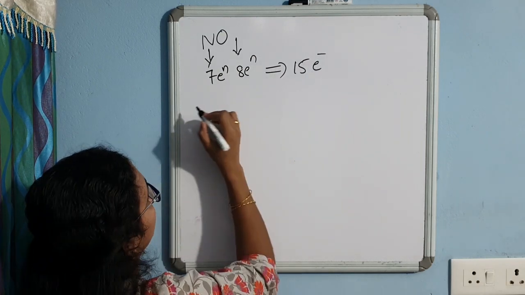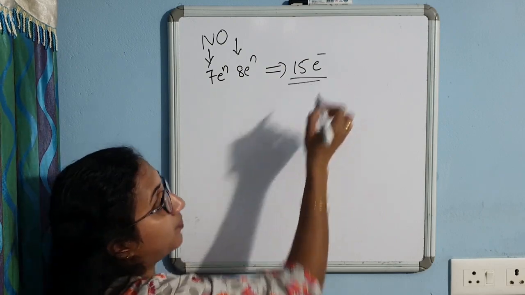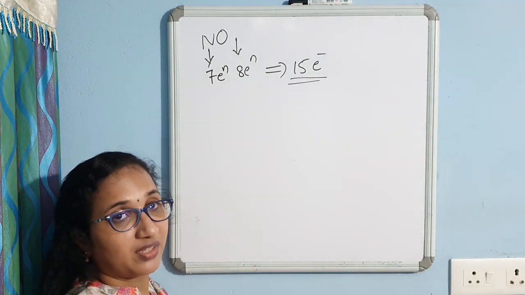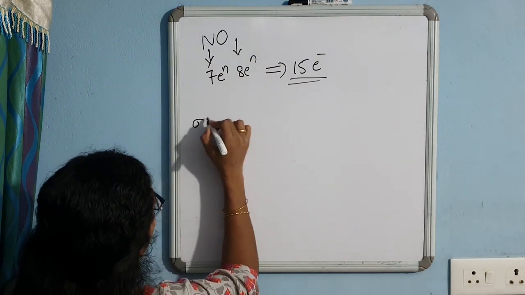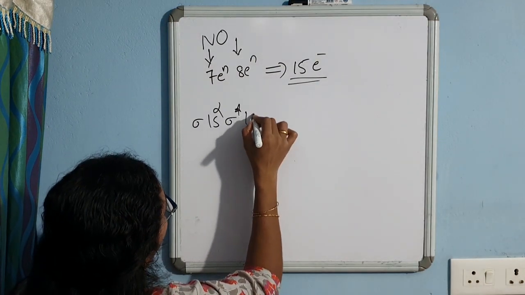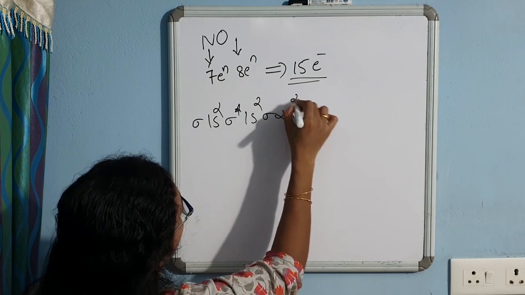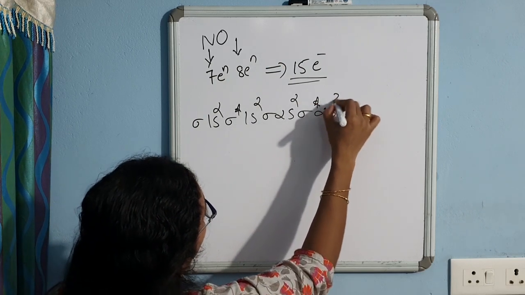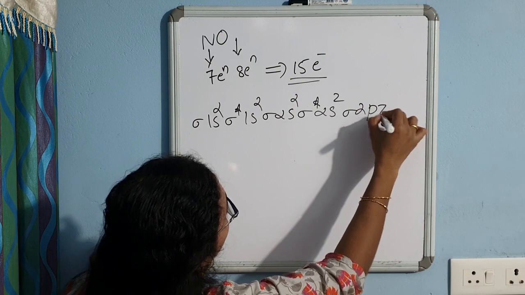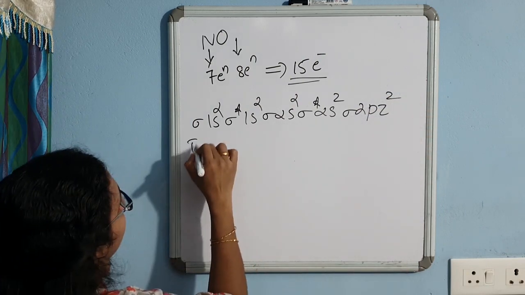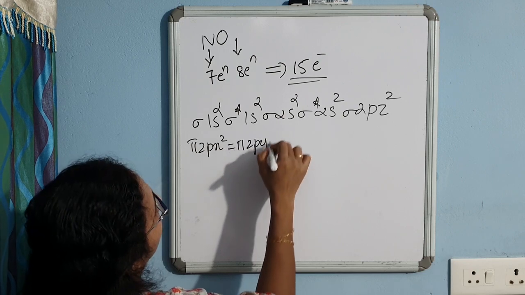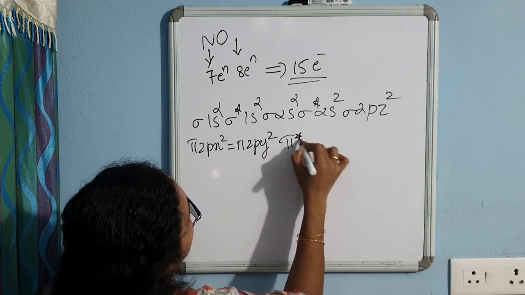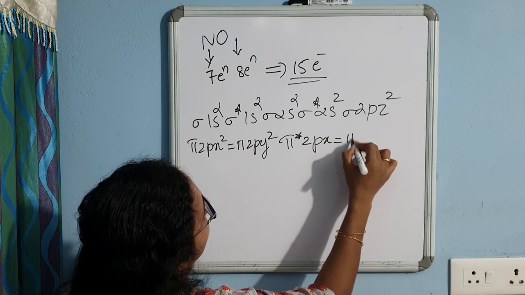Since it is more than 14 electrons, we have to follow the second rule, that is sigma 1s2, sigma star 1s2, sigma 2s2, sigma star 2s2. Then comes sigma 2pz2. Then we have pi 2px2 equals pi 2py2. Then pi star 2px equals pi star 2py.